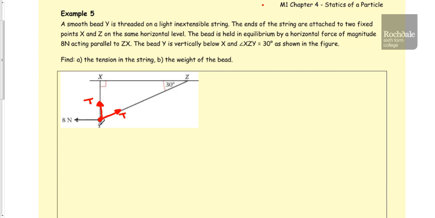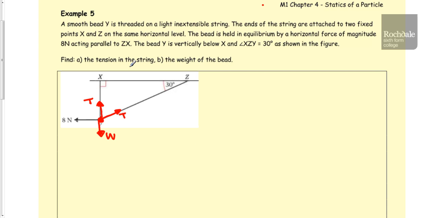We've got our 8 to the left. And remember, because it's being held in a vertical plane, we've also got the weight. Now, we don't know the actual mass of this bead. In fact, that's one of the things that we've been asked to find out over here. So I'll just call it W, weight, and that's what we're going to be asked to find out.